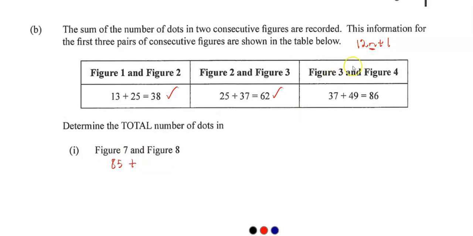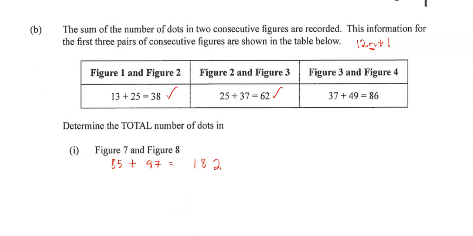Plus figure 8 would be 12 times 8, that's 96, add 1, that's 97. That's very straightforward. So that's 182. Okay, that would be the total number of dots for that one.